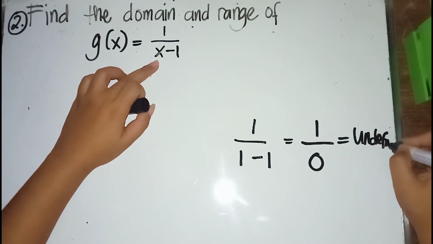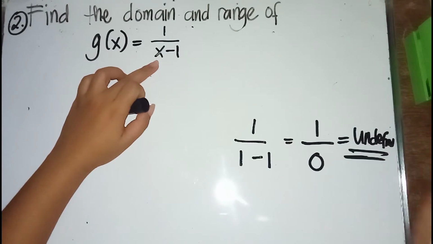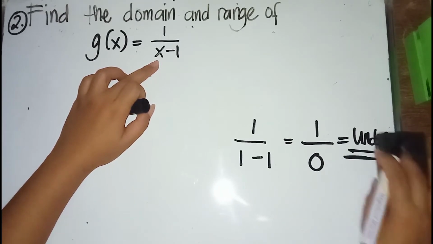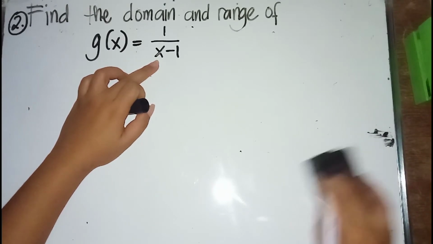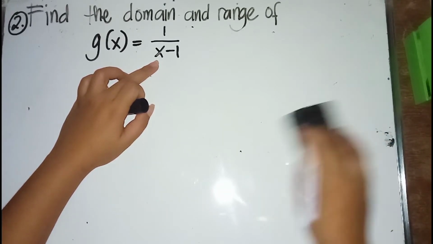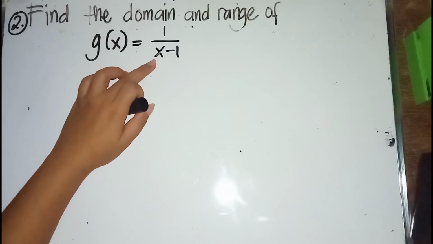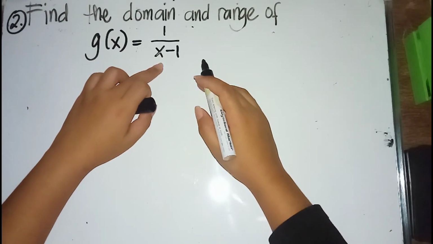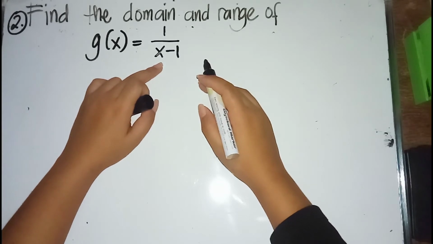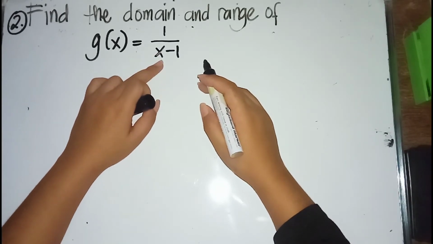Okay, so we except 1. So our domain and range will be all real numbers except 1 because x equals 1 would make the function undefined.